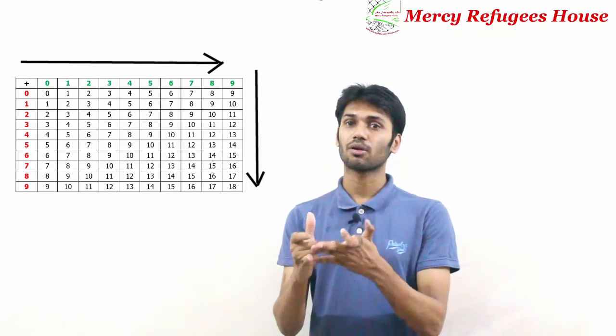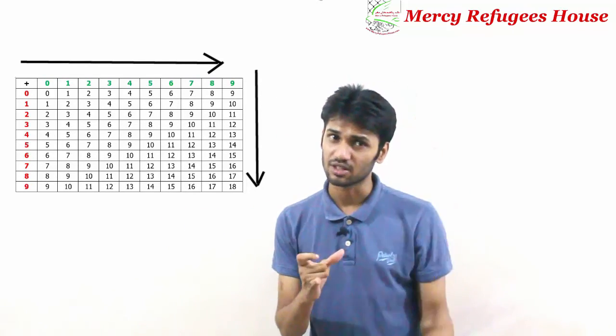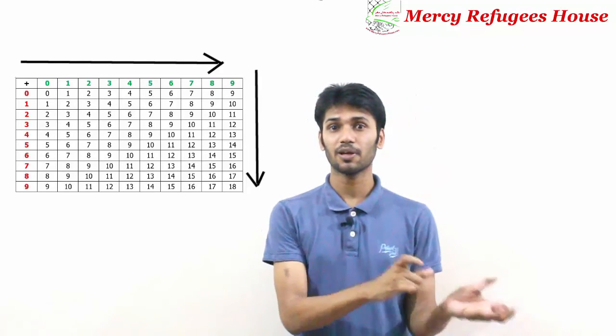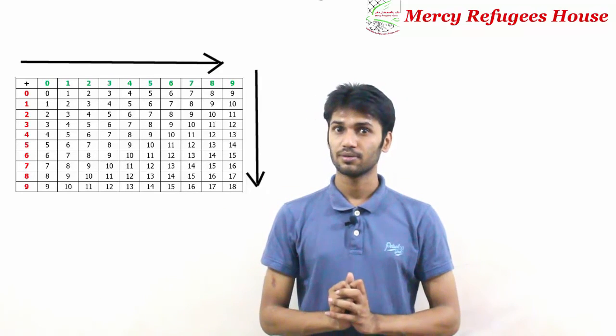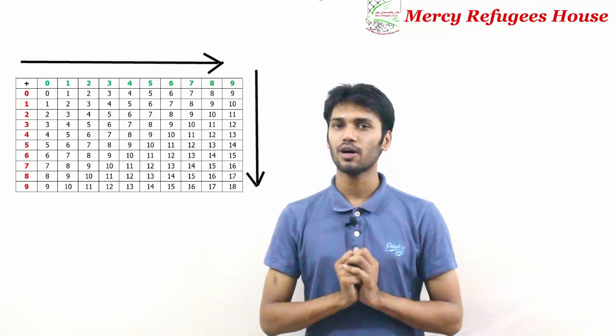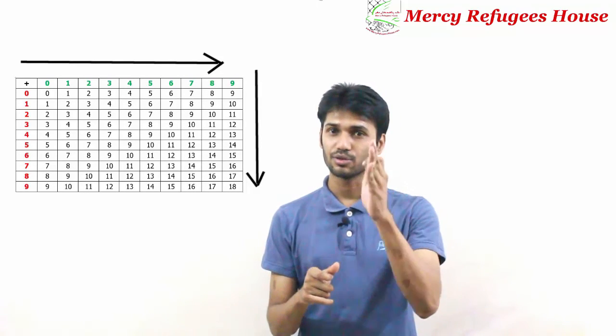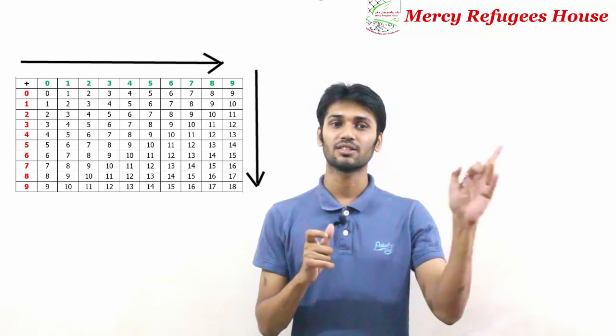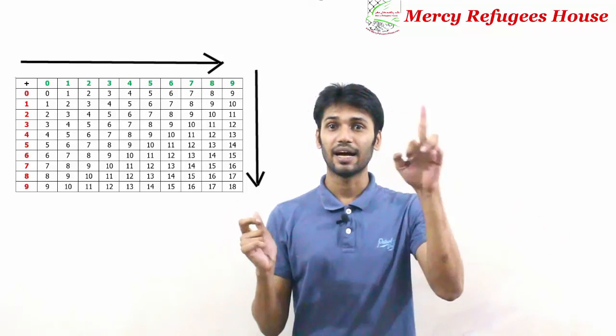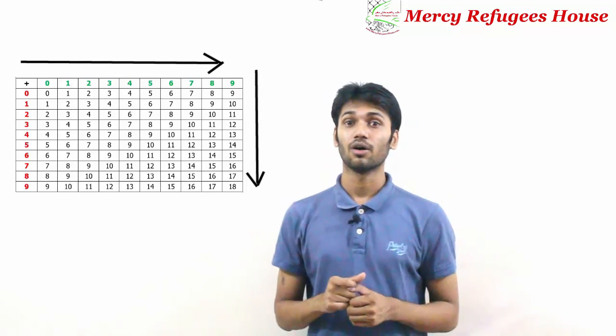Go to the sixth column. It is adding 4 with the rest of these 9 numbers. So 0 plus 4 equals 4, 1 plus 4 equals 5. Similarly, if you go through this row, you can find that 3 plus 4 equals 7, and at the end of the row or column you can say that 9 plus 4 equals 13.